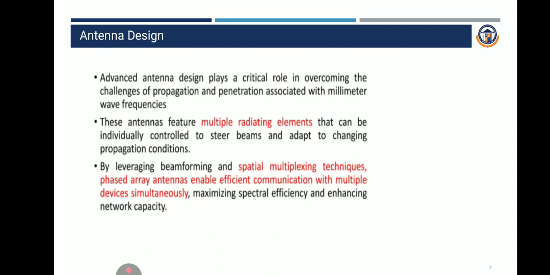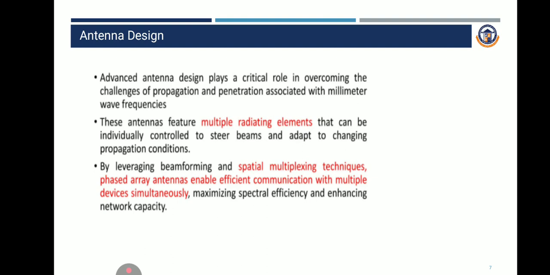Next, antenna design for beamforming technology. It plays a critical role in overcoming the challenges of propagation and penetration associated with millimeter wave frequencies. These antennas feature multiple radiating elements that can be individually controlled to steer beams and adapt to changing propagation conditions.